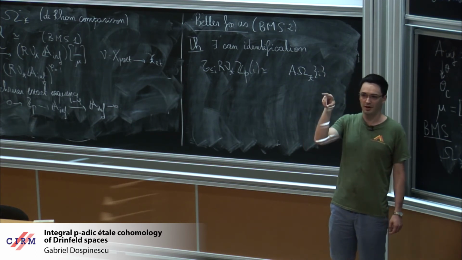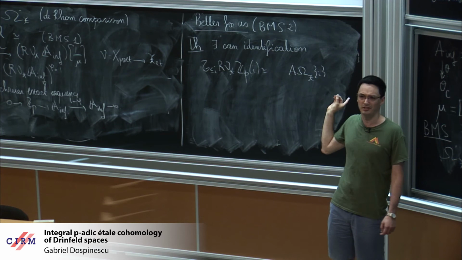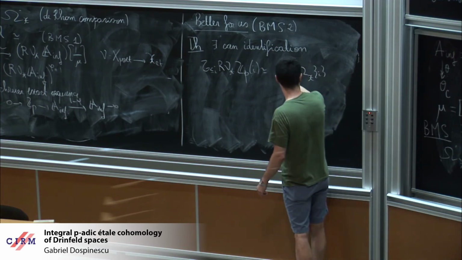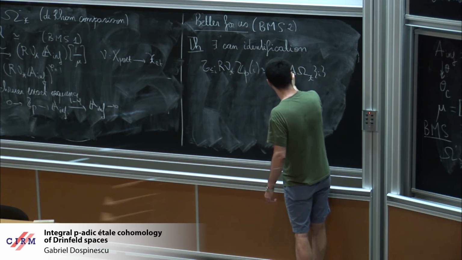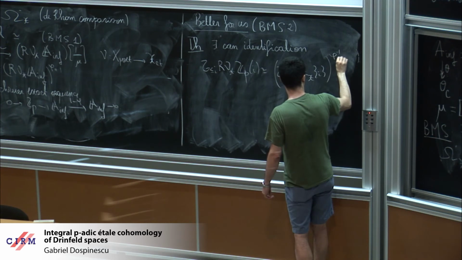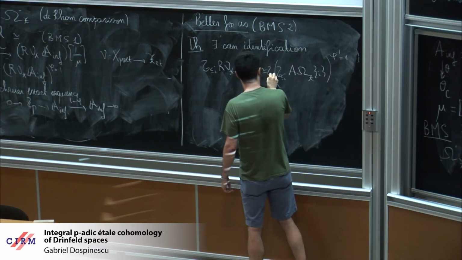It's Breuil-Kisin-Fargues or just Breuil-Kisin? Well, I guess it's Breuil-Kisin-Fargues because there is A_inf in here. Then you truncate. Then you take fixed points under Frobenius, and finally you truncate again.